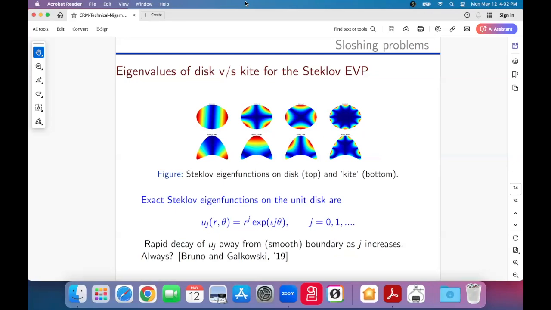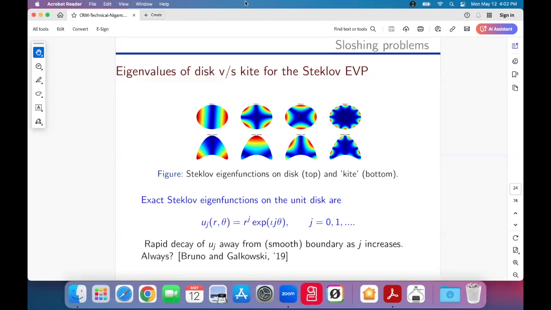why is this such a fascinating problem for us? It's a very challenging problem. The Steklov problem is really challenging because all the fun stuff is happening close to the boundary. So I've plotted here some eigenfunctions. This is the first, second, and I don't know, 6th or 10th, something like that.